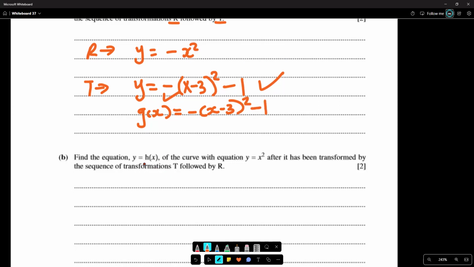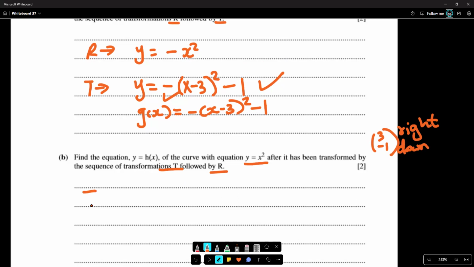And then this one, they say find the equation of h, the curve with the equation y equals x squared after it has been transformed by the sequence of transformations T followed by R. So remember, T was 3 to the right and 1 down.